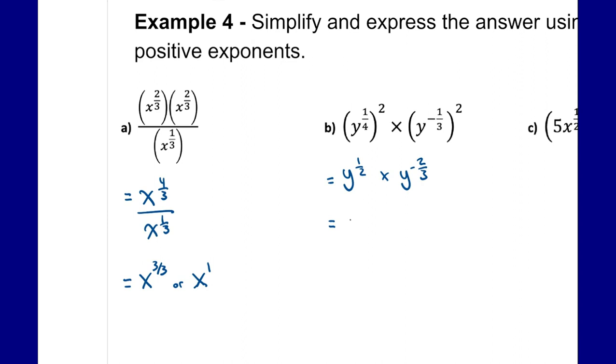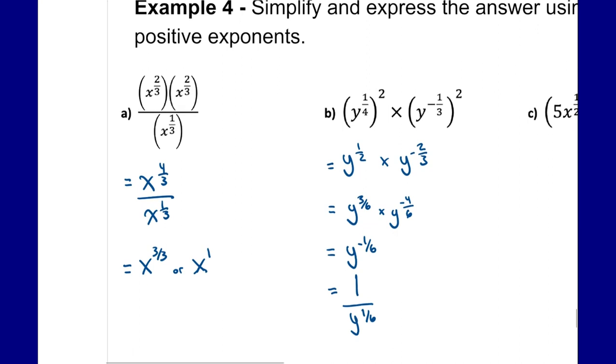So I'm going to add my exponents now. 1/2 minus 2/3. 1/2 is the same thing as 3/6, and keep it consistent, -2/3 is -4/6. So when I add 3 plus -4, I get y to the power of -1/6. We want it as a positive exponent, so it becomes 1 over y to the power of 1/6. Keep in mind when we flip the base, we don't flip the exponent. So the exponent stays 1/6, we just turn it into a positive exponent.